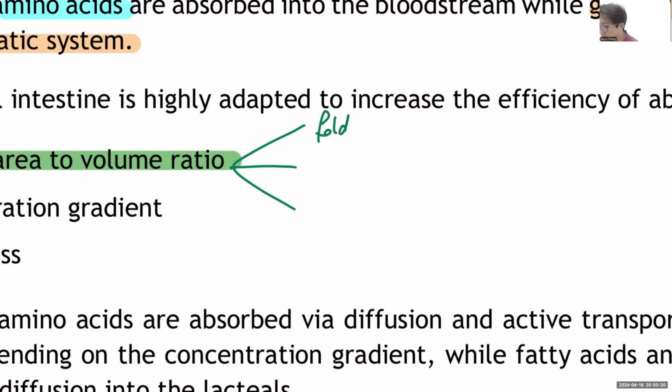Folds, villi, and then microvilli. It's the microvilli on the epithelial cells.